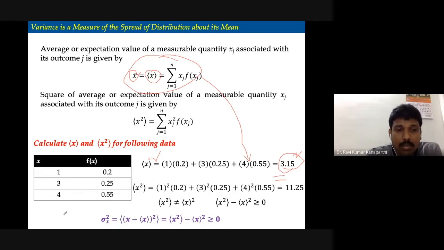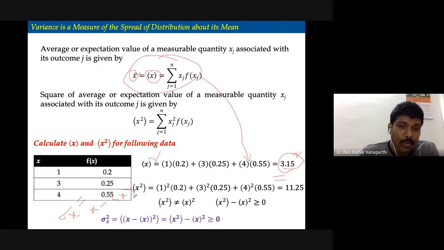Here, suppose sigma x is the variance, and it is given by x minus the expectation value of x. How much your measured quantity is deviated from the mean is what we call the variance.